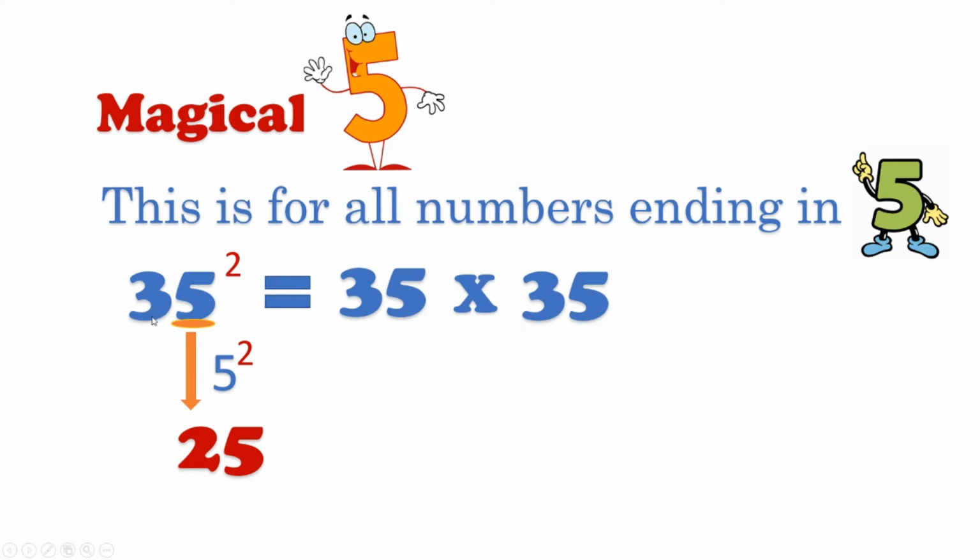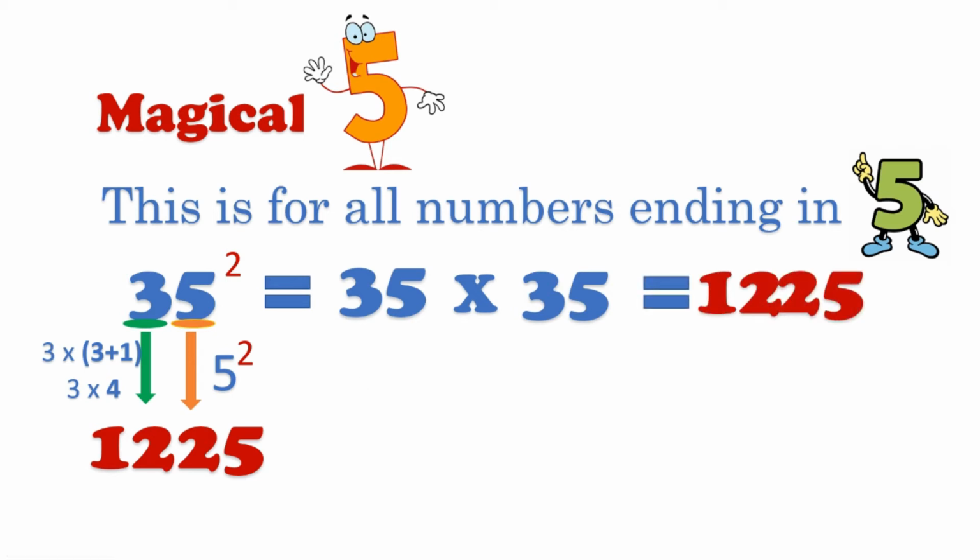Now to 3, multiply the number that comes after 3. That is 3 multiplied by 4, which is nothing but 12. Now place this 12 before 25. So your answer is 1225, which is the square of 35. If you don't believe me, try it on your calculator and check it for yourself.